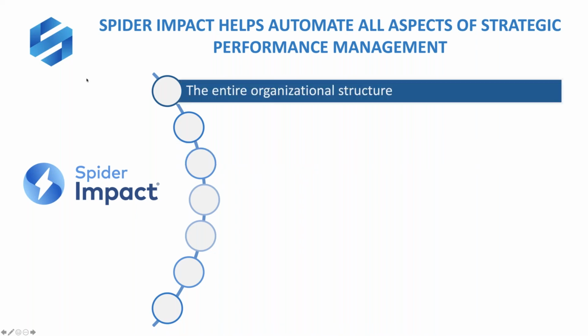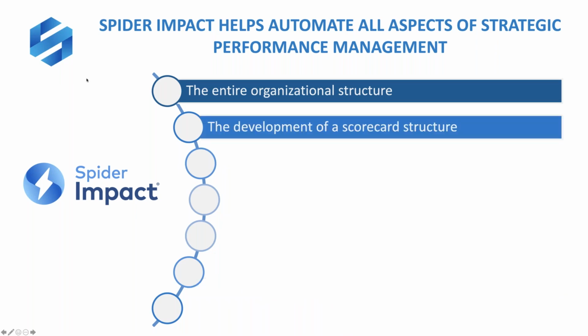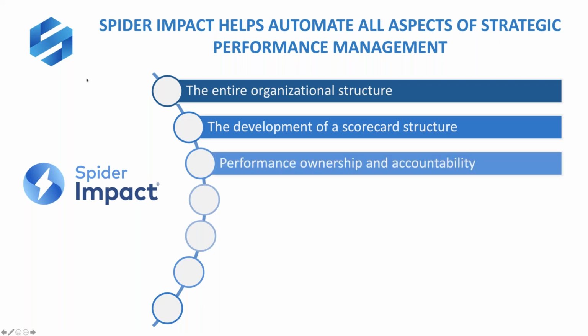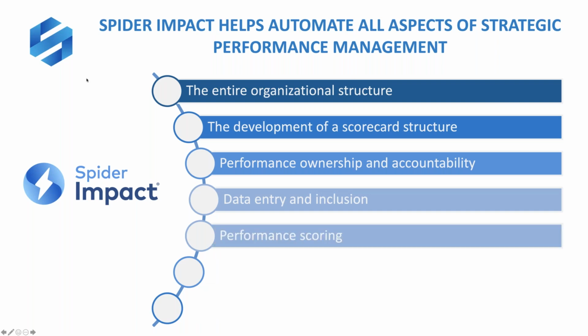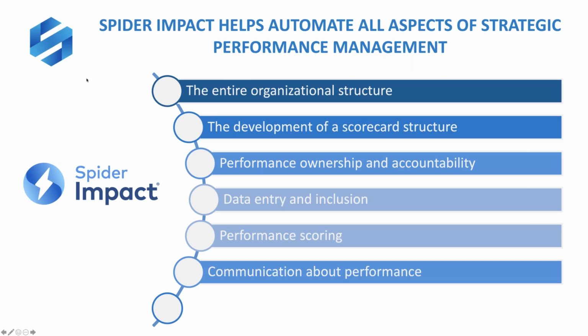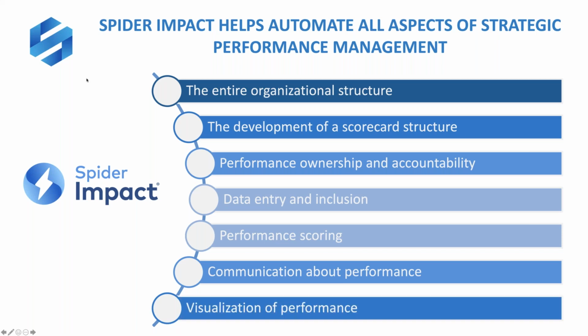It helps automate the entire organizational structure, the development of a scorecard structure, performance ownership and accountability, data entry and inclusion of multiple data sources, performance scoring with red, yellow, and green, communication about performance with notes and alerts, and last but not least, the visualization of performance.